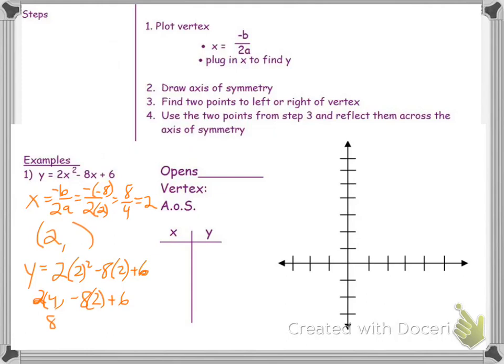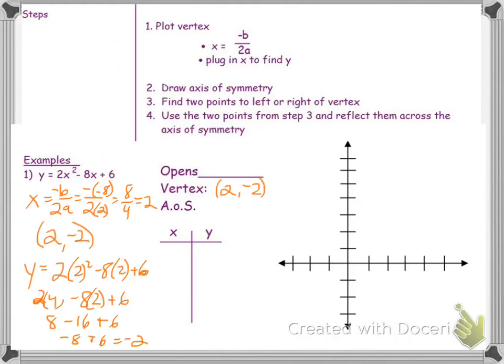So 4 times 2 is 8 minus 16 plus 6. This becomes negative 8 plus 6, which is negative 2. So I have my vertex at positive 2, negative 2.